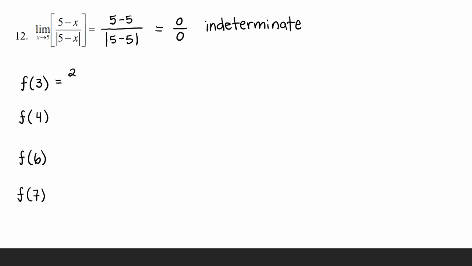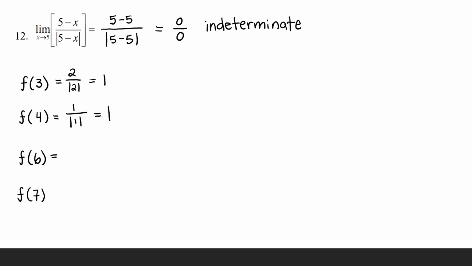So that'll give us 2 over the absolute value of 2, which is equal to 1. F of 4 will give us 5 minus 4, which is 1, over the absolute value of 5 minus 4, which is the absolute value of 1. So this will simplify to 1.